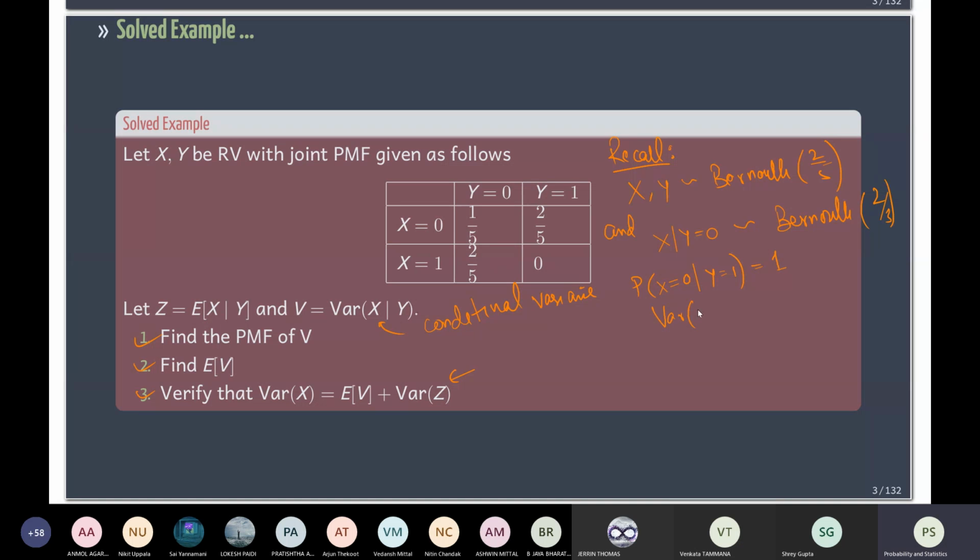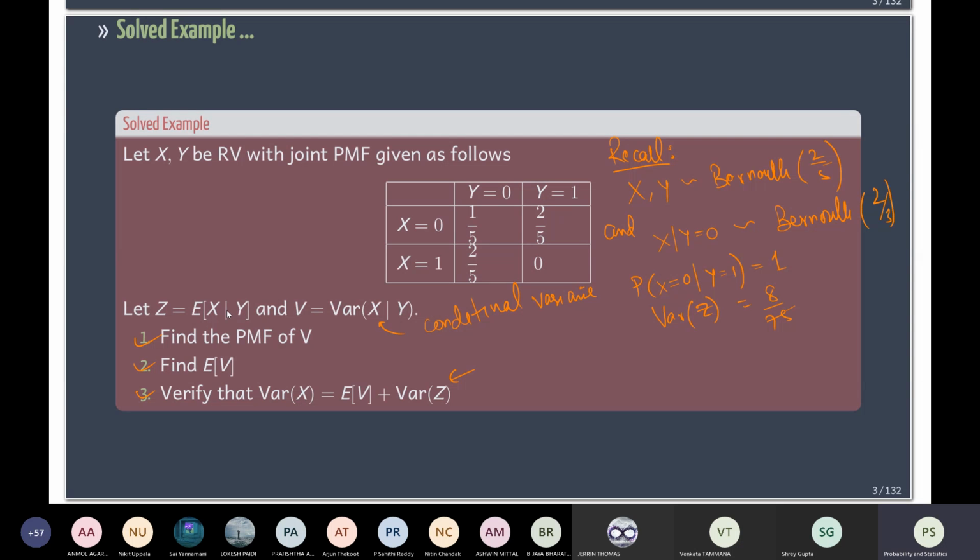Then we calculated the variance of the expectation of this before, and if we calculate that expression completely, it will be 8/75. This is something we did in the previous slide. Assuming this information, now we can go and find the PMF of the conditional expectation.